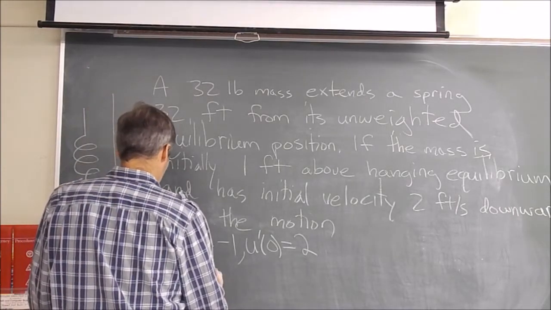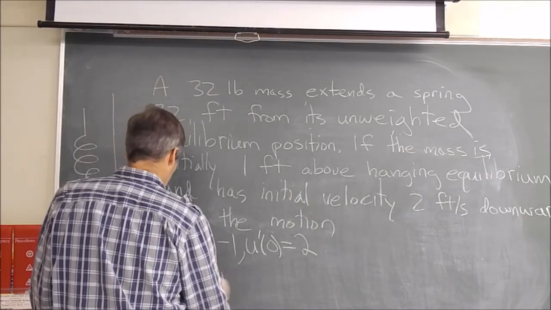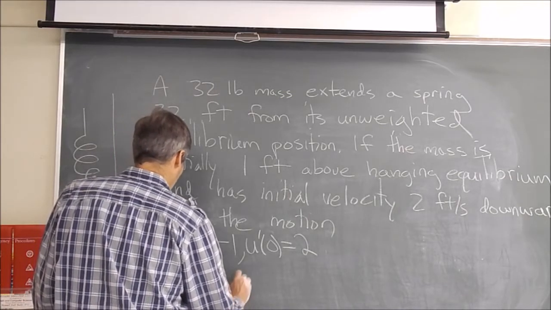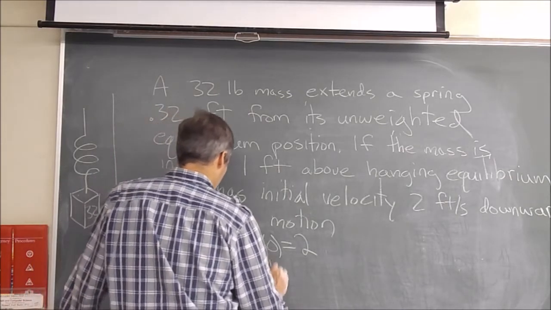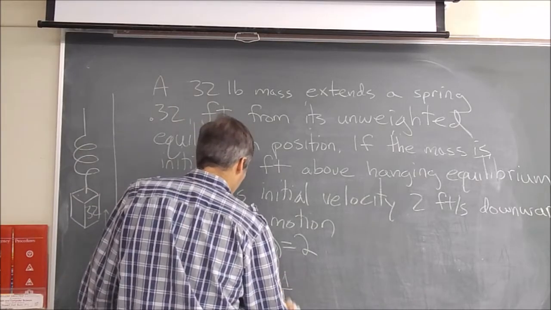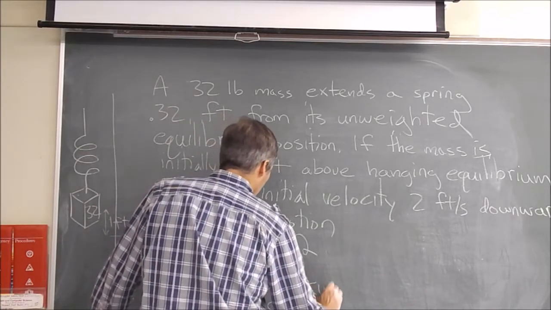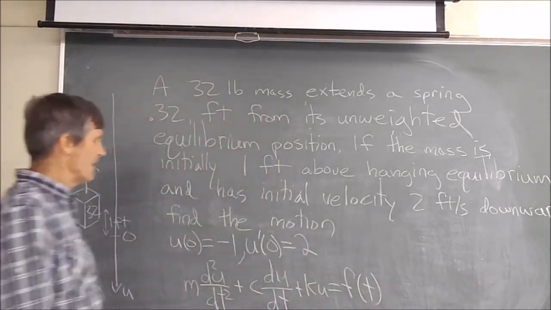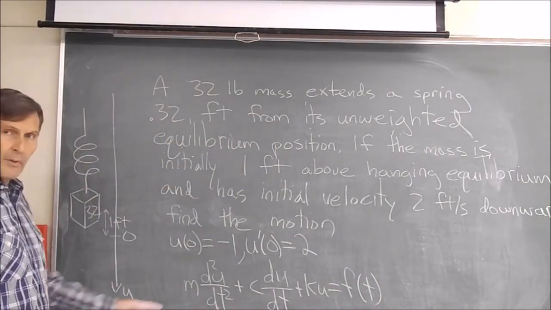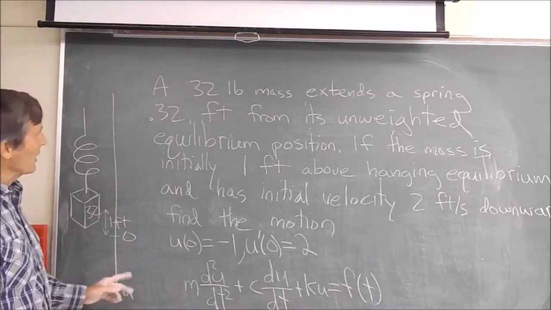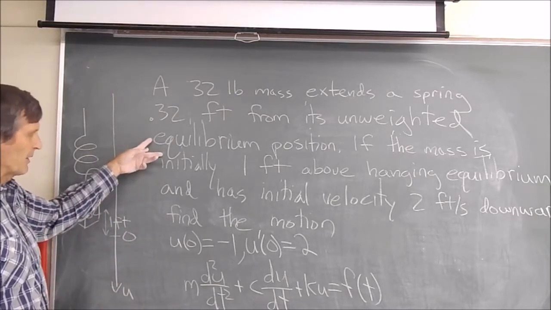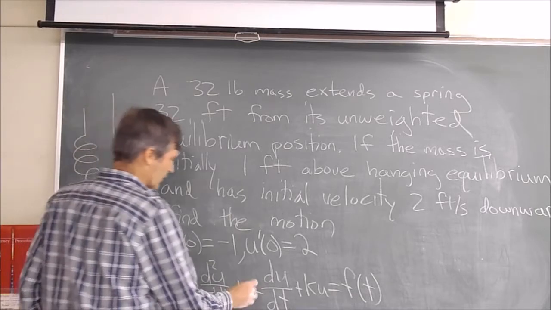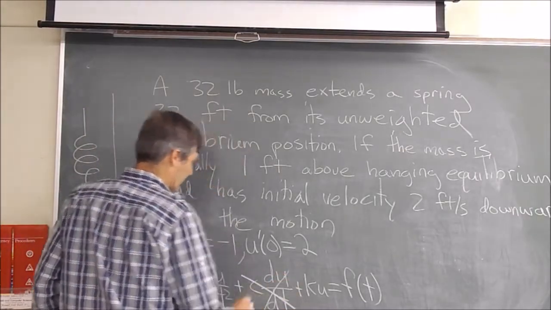M d squared u dt squared plus c du dt plus ku equals f of t, where f is a forcing function of some sort. You write down this general equation, and then you say, wait a minute, there's no damping involved here, right? So this term is 0. C must be 0, 0 damping.